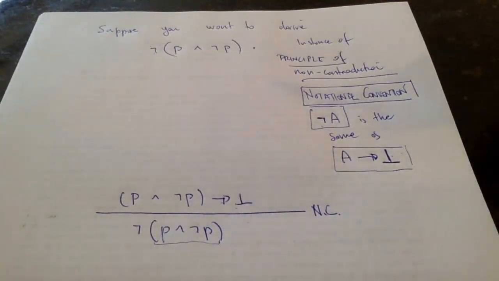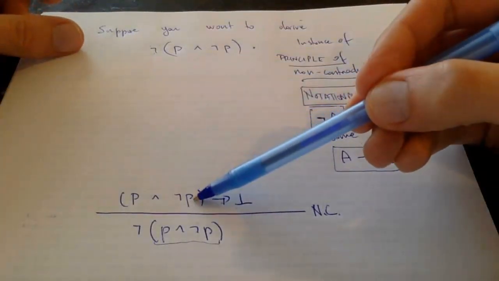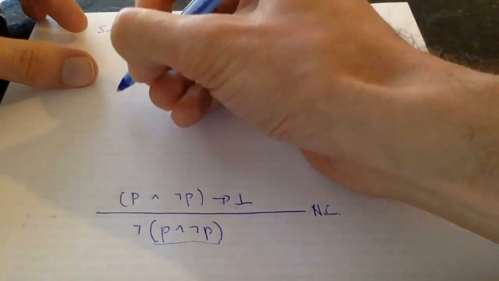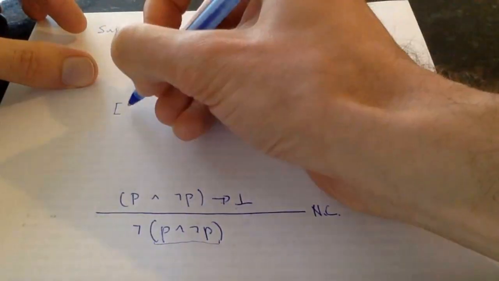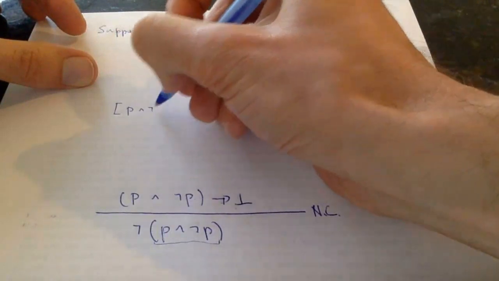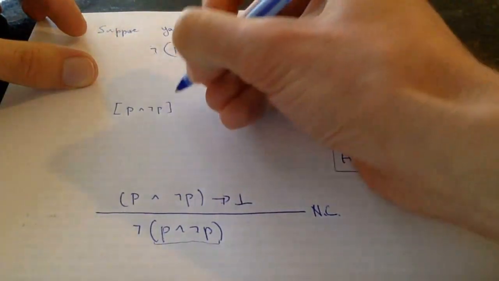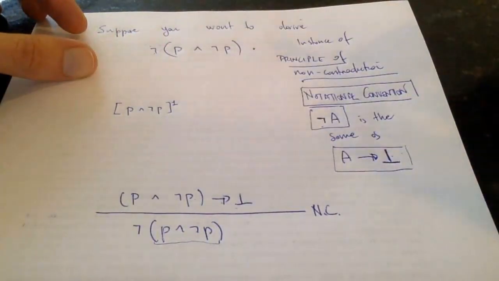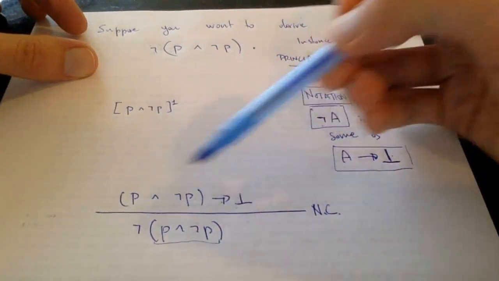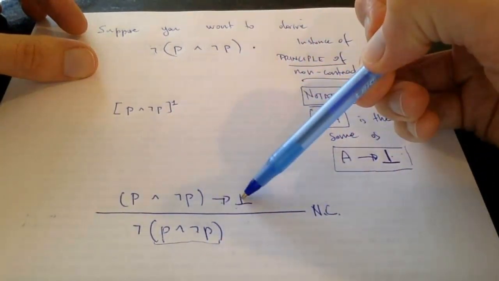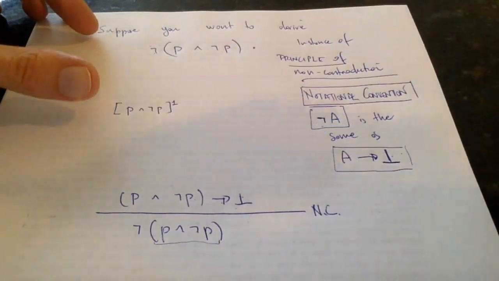So whenever I want to derive an implication, what I need to do is to assume the antecedent. So I'm going to assume the antecedent somewhere up here. So P and not P, and call that assumption 1. And then try to derive the consequent, which is this contradiction symbol here.